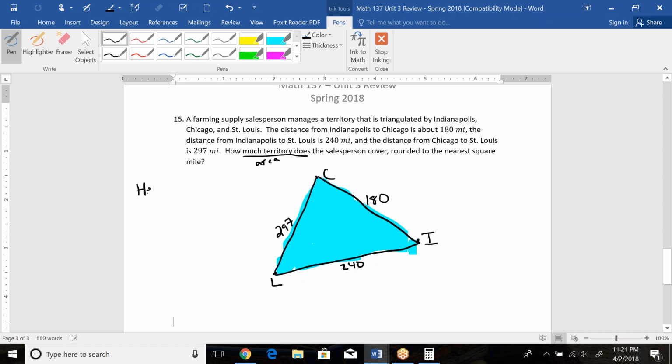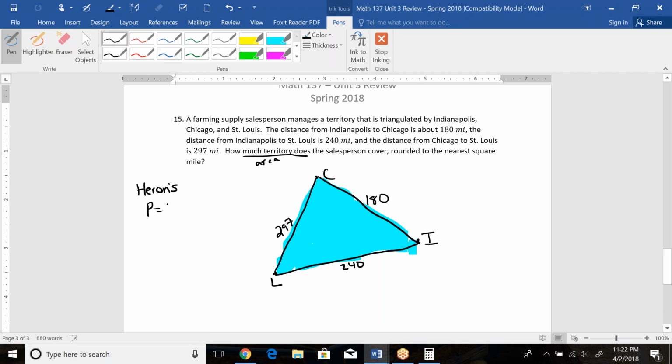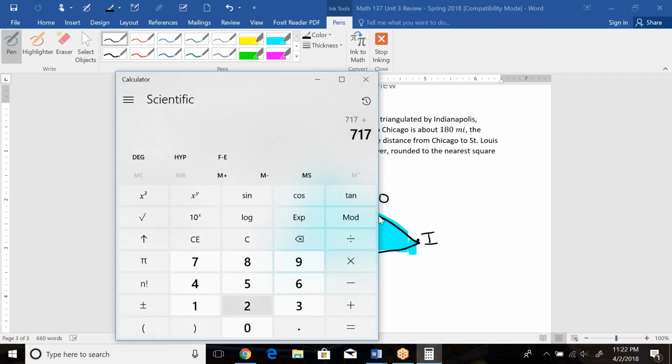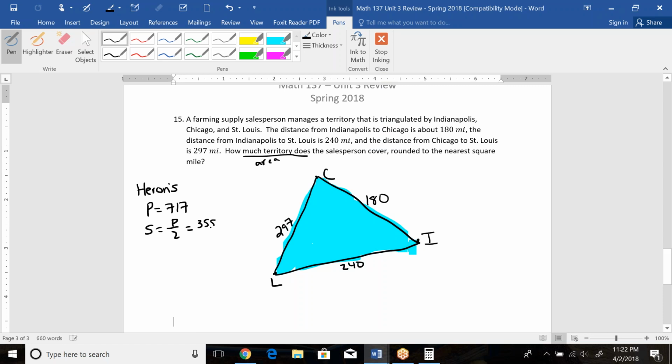So if I use Heron's, then I need to find the perimeter of my triangle, which is 297 plus 180 plus 240, which comes out to 717. And you need half of that to use for the formula, so we cut that in half. That's 358.5.